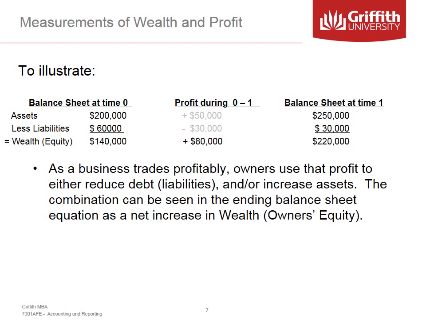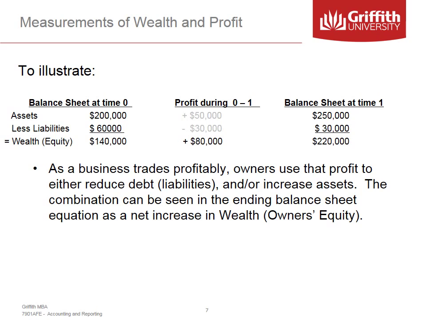So let's illustrate what this discussion is about. Now, just a simple little schema here. You can see that we've got an illustration of a balance sheet at time 0 on the left and a balance sheet at time 1 on the right.